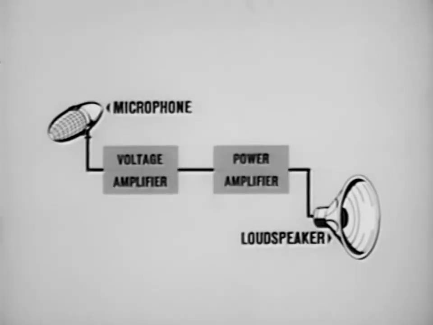Amplifiers are also classified according to types of service, whether they are to be used as a voltage amplifier or a power amplifier. There are 4 general methods of interstage coupling.